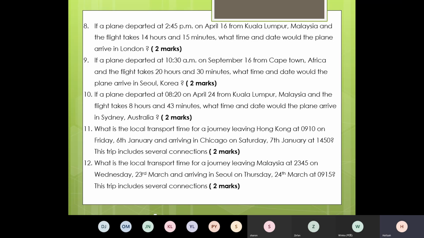So because of the time, if GMT is plus, it means that you take all the time minus the GMT. If GMT is minus, it means that you should plus the hours.